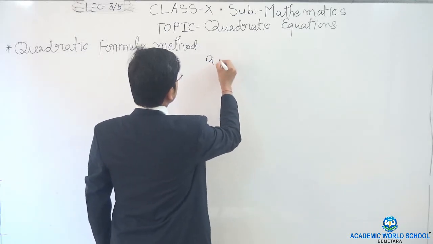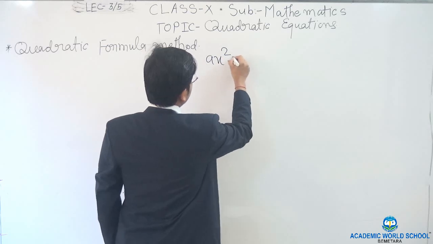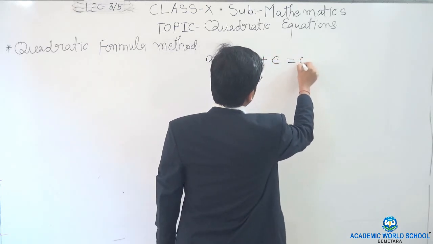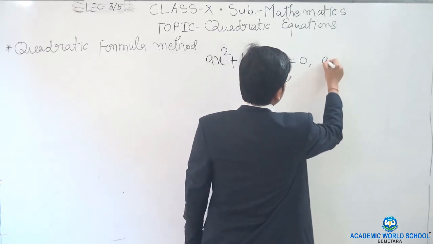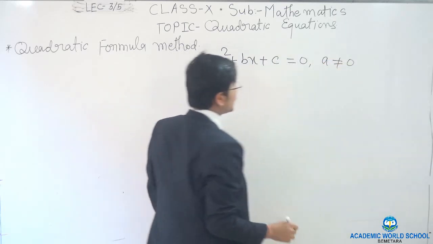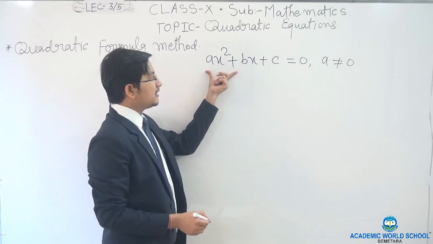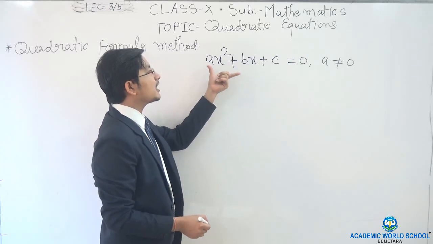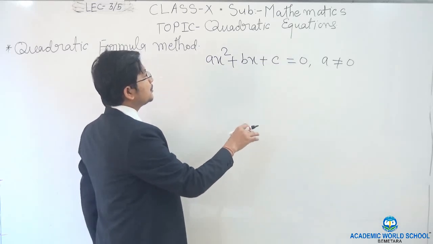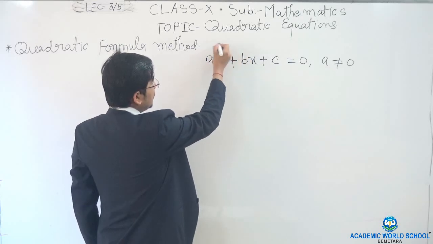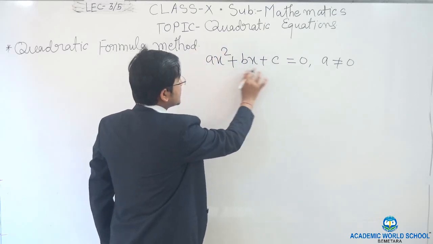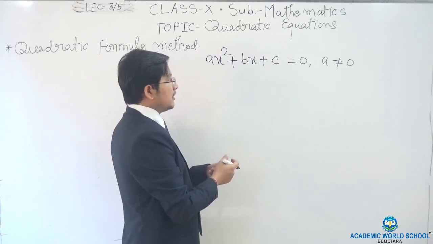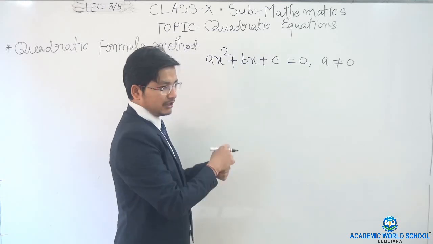We know the standard quadratic equation is ax square plus bx plus c is equal to 0, where a must not be equal to 0. I have to get the roots of this by the quadratic formula, so we are going to derive how to get that formula.